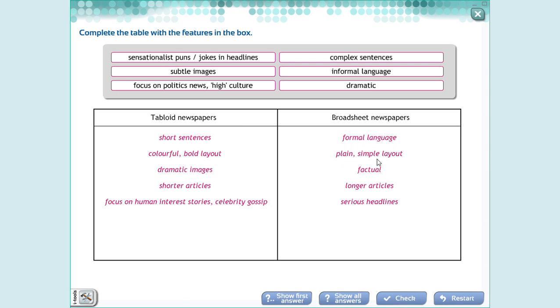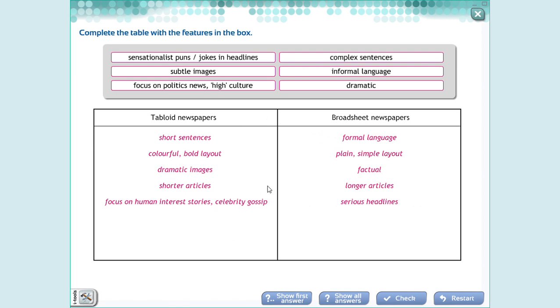They have a plain, simple layout. They are factual, longer articles, and serious headlines. Okay, this about serious headlines does not apply to Notiver, but it is more in the Dictamen newspaper. So these are mentioned only as examples to have in mind, and then you can understand better the kind of newspapers that are tabloid and broadsheet.